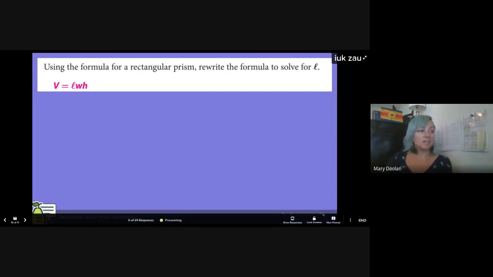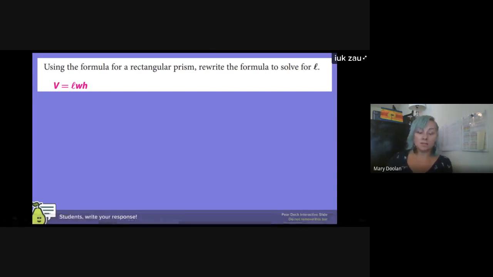So I have 6 of 24 responses. I need you guys to go to that Pear Deck tab and type something. If you only get L equals because you're lost, at least I know you're lost. But everybody should have L equals.